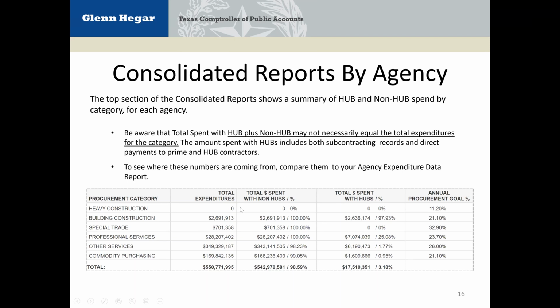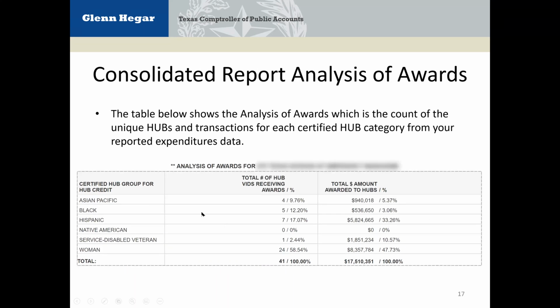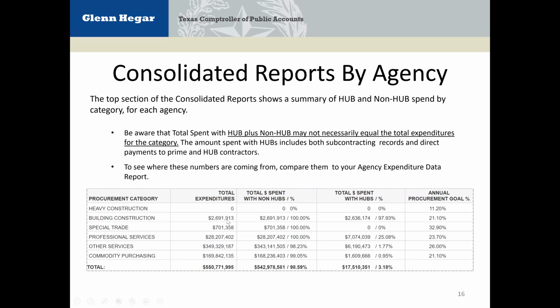What you need to keep in mind is it might look like you could do that, like here. But the problem is this number contains subcontractors. So your subcontracting records are falling in here. So when you're looking at this, this is your total treasury plus non-treasury expenditures for this building and construction category.